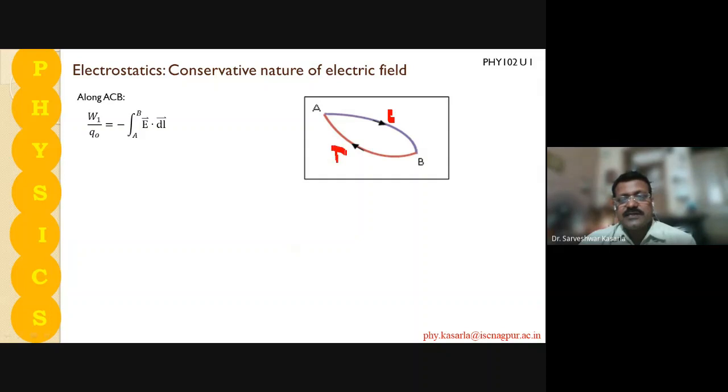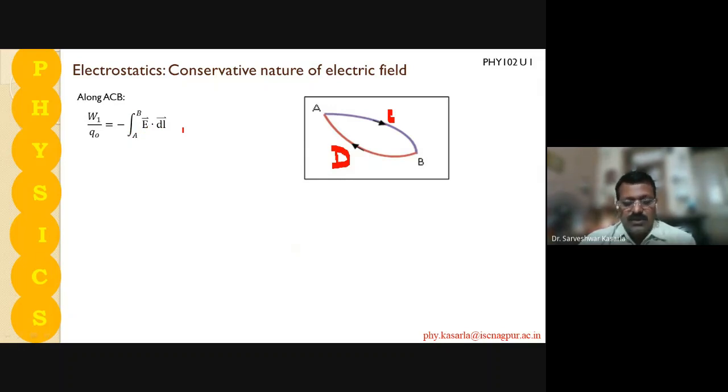So along ACB we have omega 1 upon Q0 is equal to minus integration from A to B of E dot dl. So the charge is moving from A to B along this C, and the potential, or say work done, is given by W1 upon Q0 is equal to minus integration of A to B E dot dl.